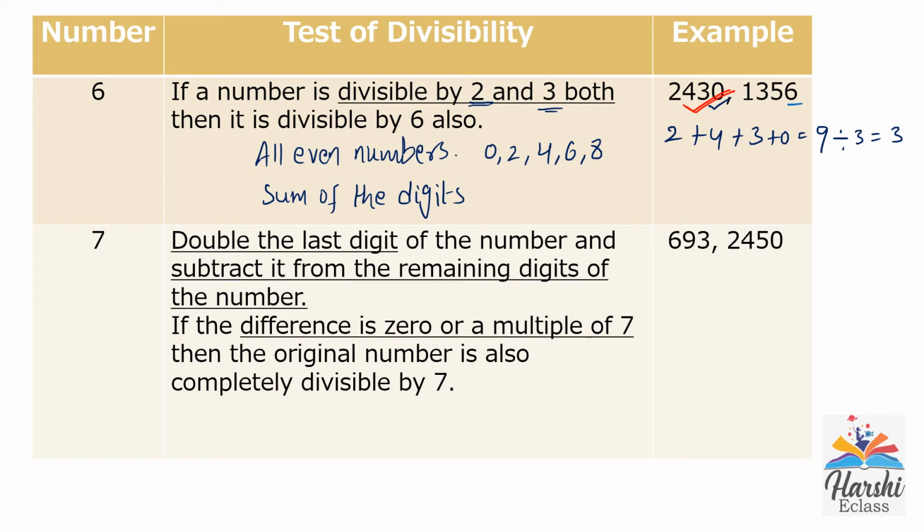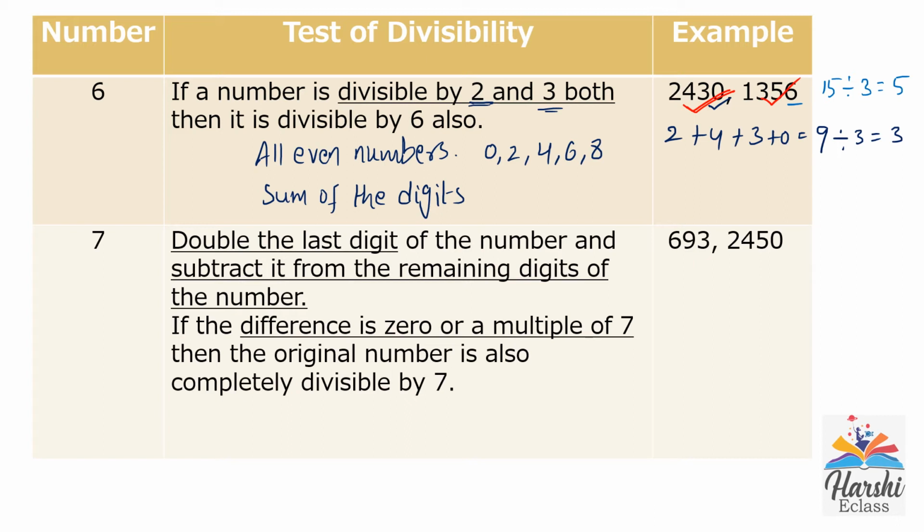Now check with 3. 1 plus 3 is 4, 4 plus 5 is 9, 9 plus 6 is 15. 15 is a multiple of 3. 15 is completely divisible by 3. So 1356 is also divisible by both 2 and 3. That means it is also divisible by number 6.